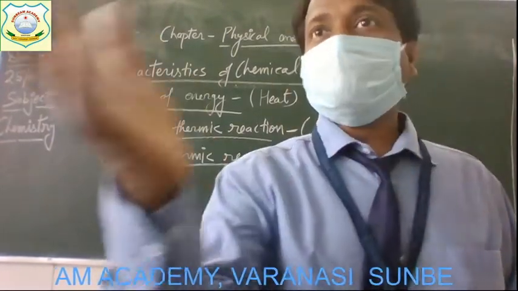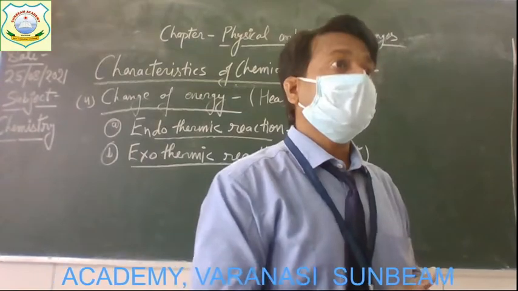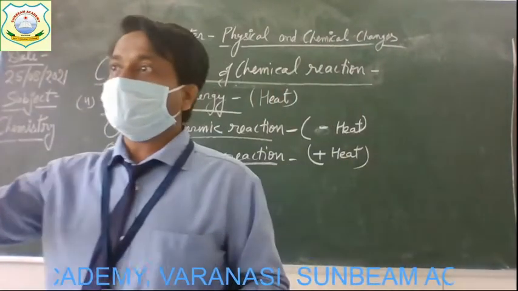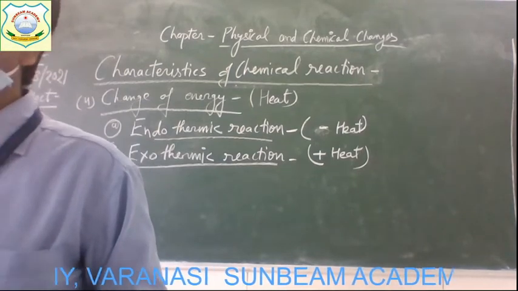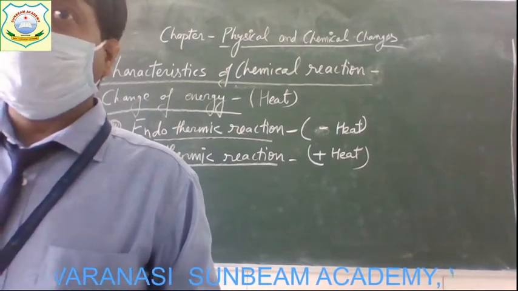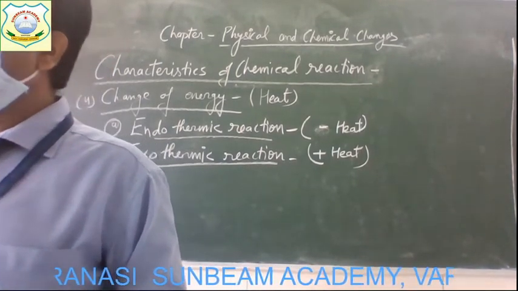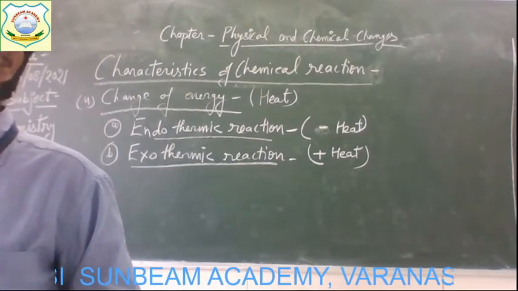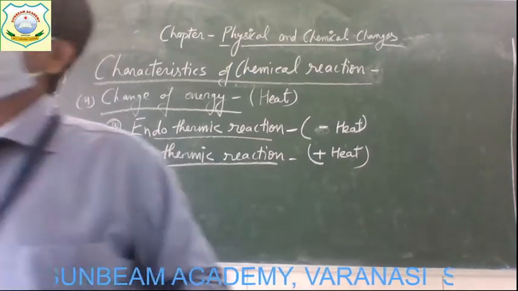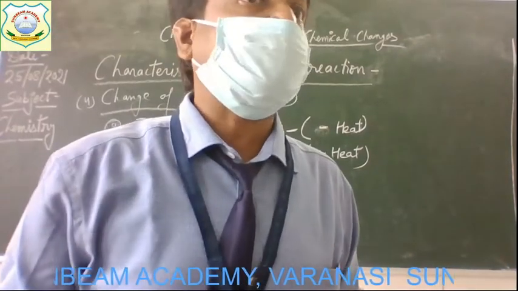Understood or not? You might have seen in chemistry labs when we mix certain substances in a test tube, after that we heat it on the burner. Have you seen? We heat that mixture in the test tube on the burner, then that reaction gets complete. Then that reaction starts.